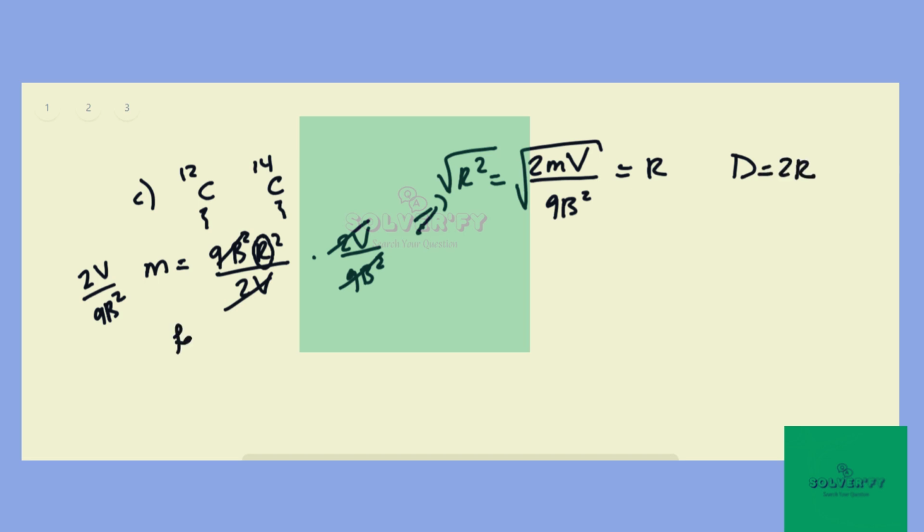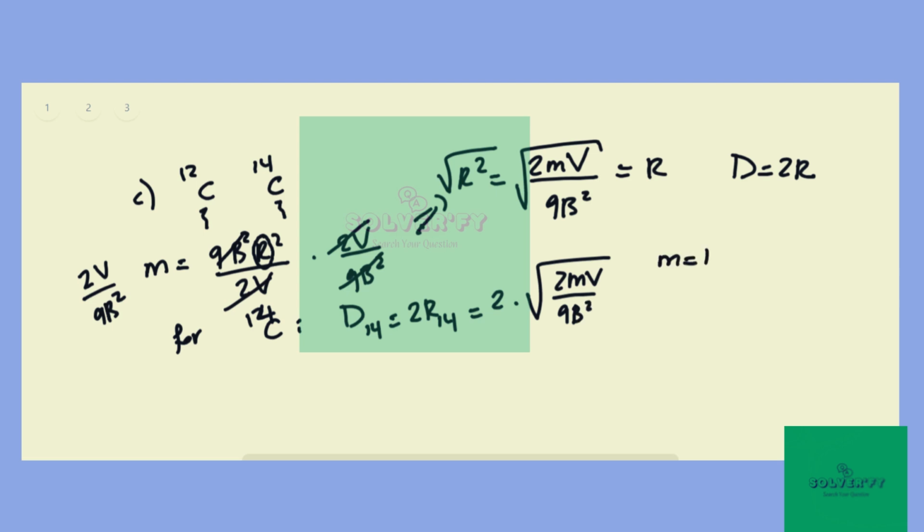So now for, let's say, carbon-12, right? Let's start with 14, sorry. So I'm going to call this D14 equals 2R14. That equals, using this equation, 2 times the square root of 2mV over qB squared, m being here 14 times the mass of a single proton, right?